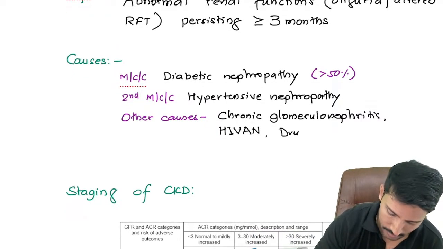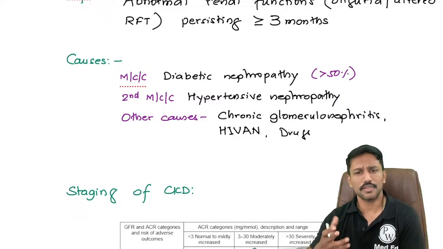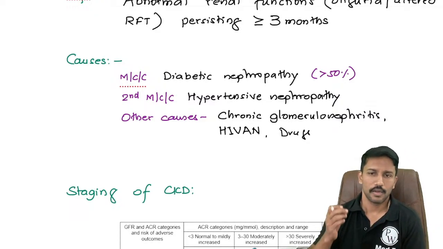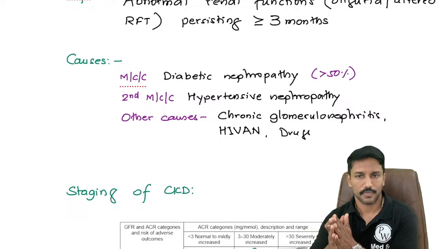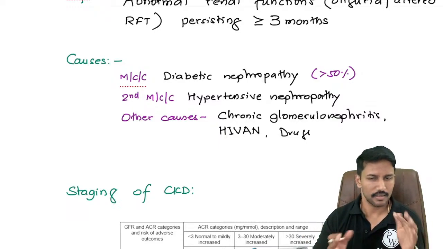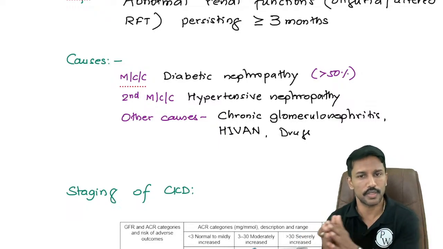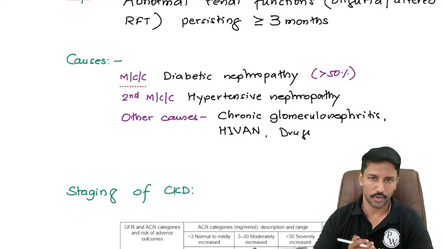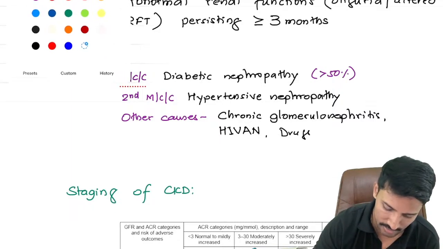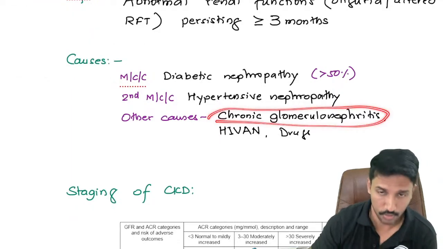Then drugs. And when it comes to drugs, most importantly, it is the long-term use of NSAIDs, which can cause papillary necrosis. NSAIDs can cause prerenal AKI in the acute form, but long-term use can also lead to papillary necrosis, and then they can also become a reason for chronic kidney disease. Okay. And then lupus nephritis, or SLE, which is again a form of chronic glomerulonephritis.